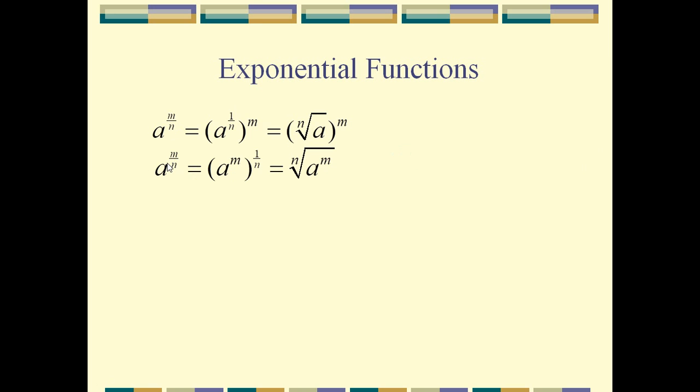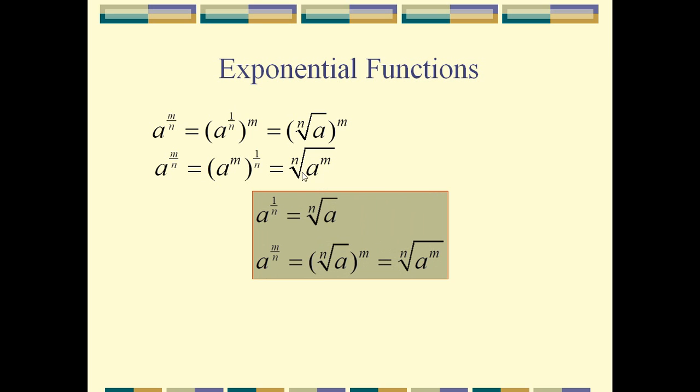Similarly, if we assume that a is a positive number, you can write not only a to the power 1 over n to the power m, you can change this first to a to the power m and then to the power 1 over n. According to this, the expression with the power 1 over n is just the nth root of a to the power m. So finally, we have this definition.